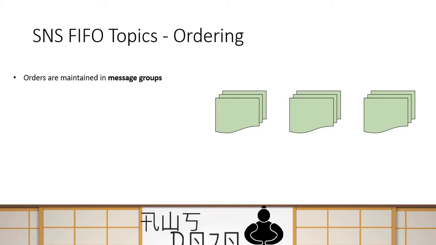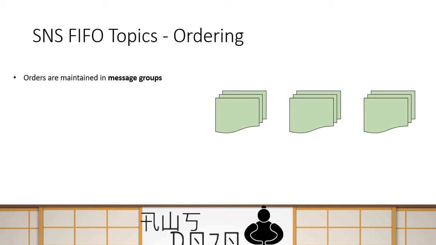But you have a choice to either maintain one message group, or you can maintain multiple message groups. Why does it support multiple message groups? Because suppose you have a single topic, but that topic is handling messages from, say, multiple customers or multiple interest groups. In that case, you might want to order the messages for each customer in a different group, because customer 1 will have its own ordered messages, and customer 2 will have its own ordered messages.